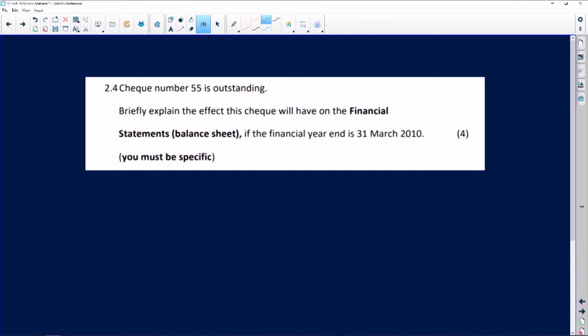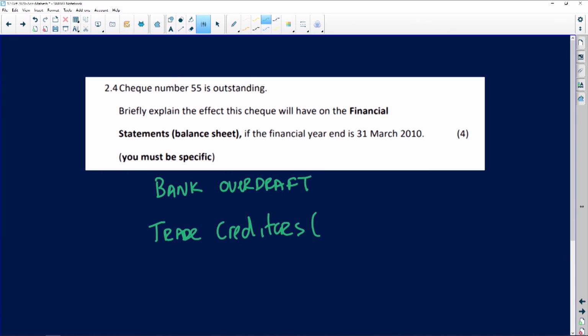Remember, this is the entry that needs to be reversed. So your bank account will be affected. In this case, bank overdraft, because we just saw the bank is unfavorable, as well as trade creditors or trade and other payables will be affected.